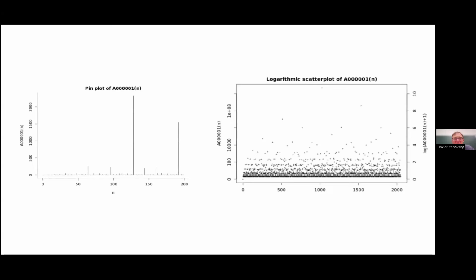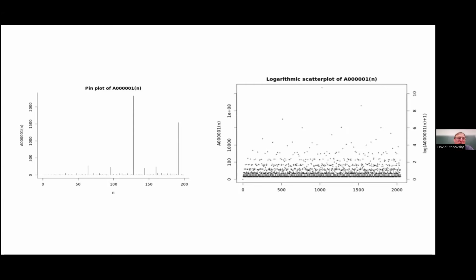So maybe we can also draw a plot. Especially the right part of the picture is interesting, to estimate how the numbers grow. It's a logarithmic plot of the whole range for which the numbers are known, so up to 2047. And on the vertical scale, you have the logarithm of the number, right?